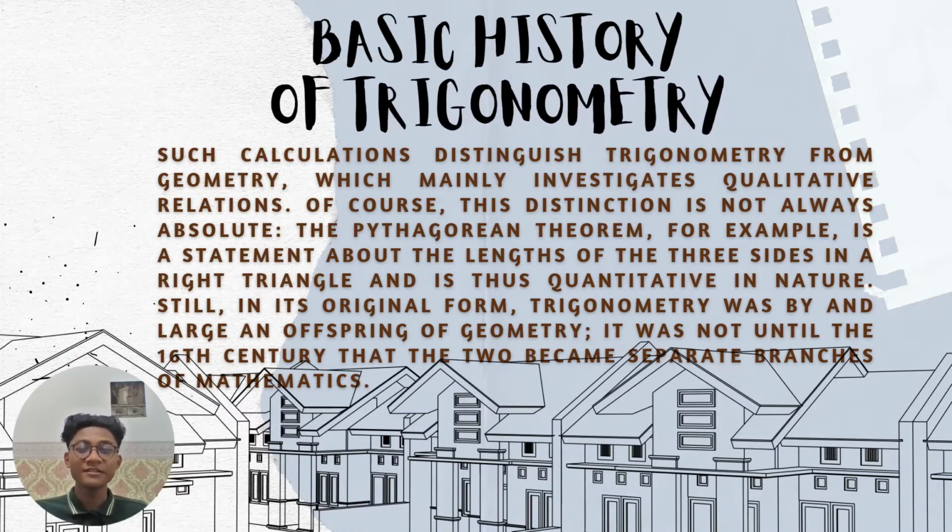Such calculations distinguish trigonometry from geometry, which mainly investigates qualitative relations. Of course, this distinction is not always absolute. The Pythagorean theorem, for example, is a statement about the length of the three sides in a right triangle and is thus quantitative in nature.